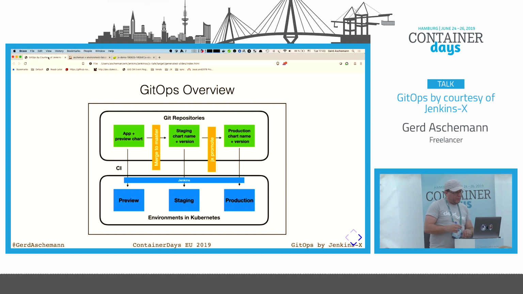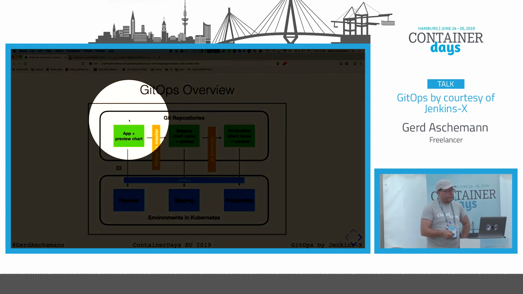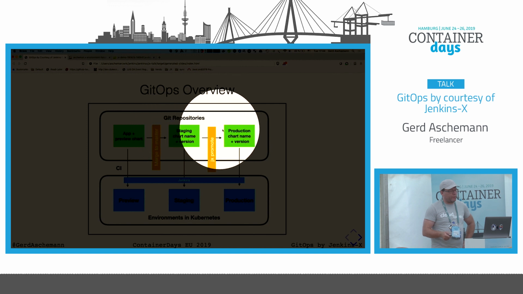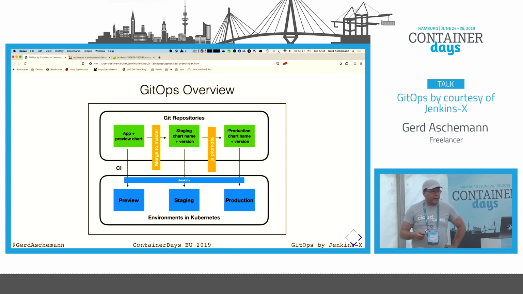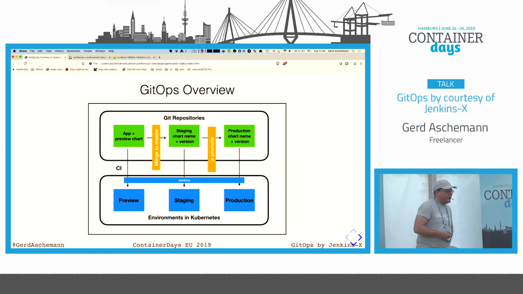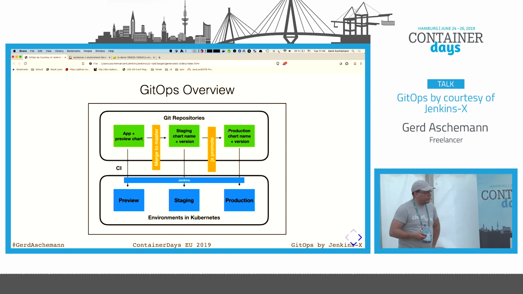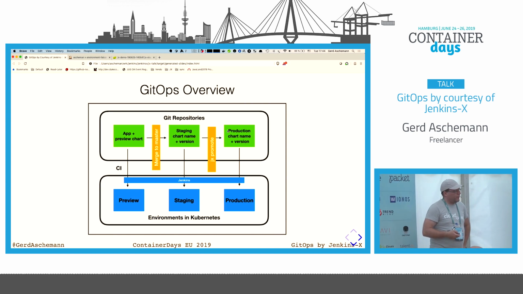And for every environment, like here we have the staging environment, the preview environments, or the production environment, we do have a Git repository which contains the Helm chart for this particular environment. In the initial stage, it is empty. It just contains an expose controller.